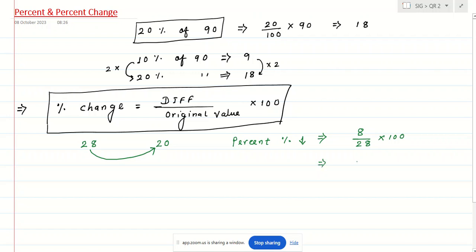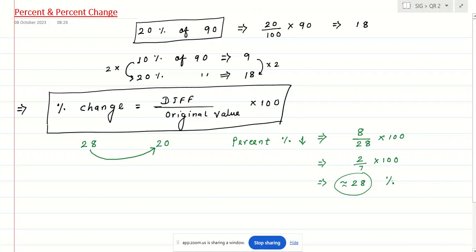How much do we get here? 4 twos are 8, and 28 is 4 by 7, so 2 by 7. So 1 by 7, I know the percentage value. If you find it out, you will get 28 point something. Approximately you'll get 28%.